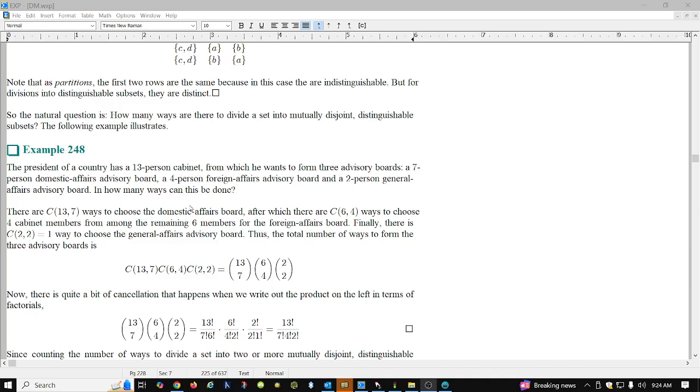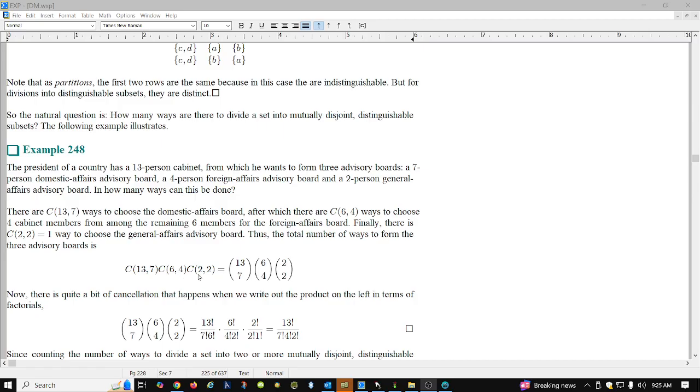Well, this is a job for the multiplication rule. The independence requirements are satisfied. There are 13 choose 7 ways to pick the 7-person domestic affairs board. And then from the remaining 6 people, or 6 choose 4 ways to choose the foreign affairs board.